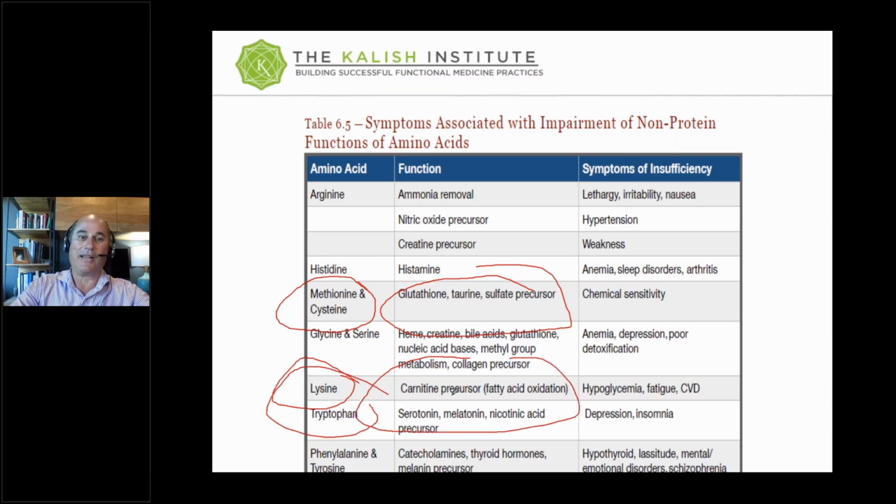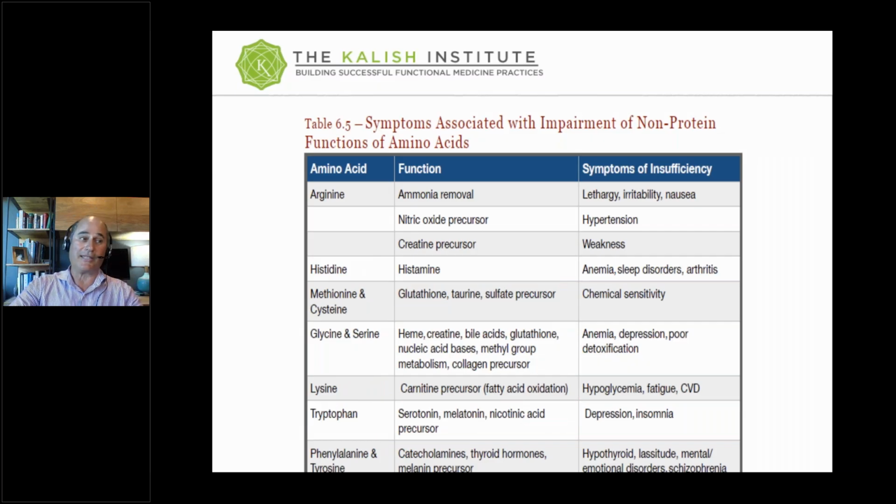Tryptophan, we talked about ad nauseam already, is a precursor to serotonin, and so on and so on. So those are the specific functions, and you basically need to learn both sides of this. You need to learn the protein part and how you're going to help with the synthesis of all proteins, and then you need to learn the non-protein part. Okay, does that make sense?